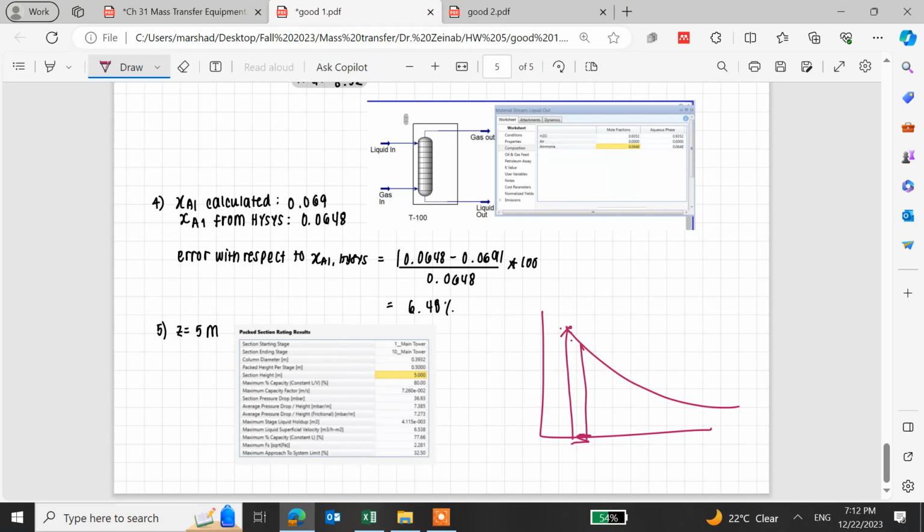And this is the value of 1 over ya minus ya star. So this is one value, this is one. So what we need to do, multiply by the value at the midpoint. Then we can get the area of this rectangle closely, not approximately.